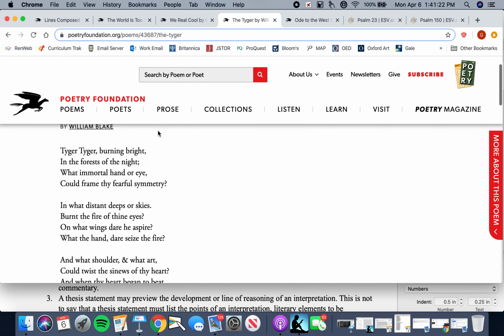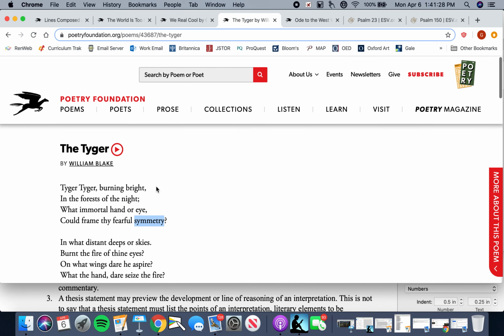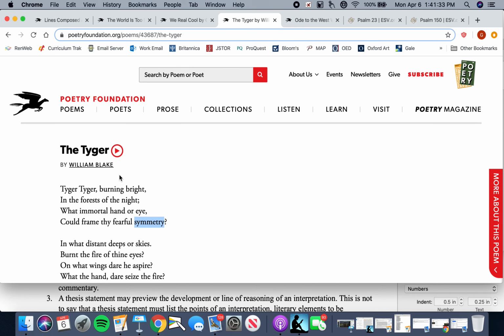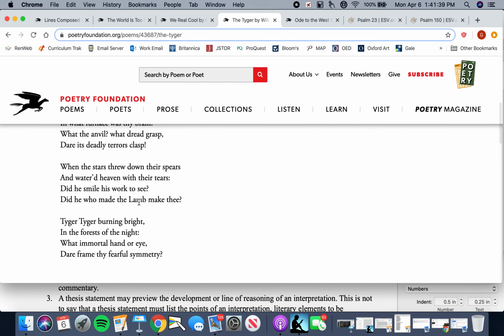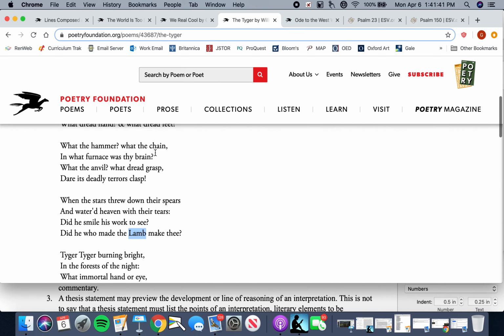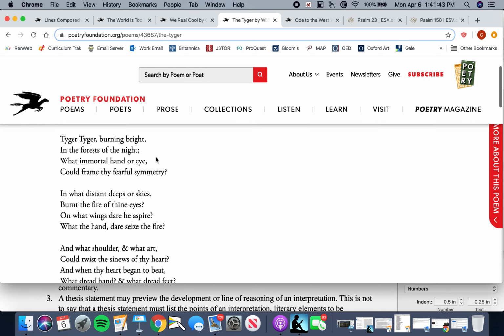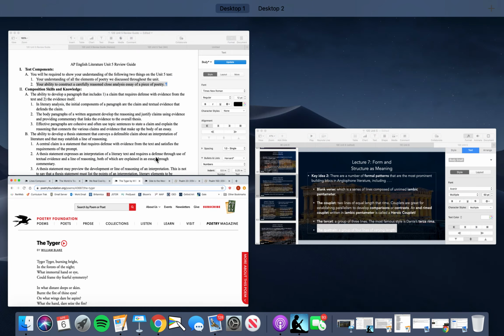So these balanced, juxtaposing rhymes throughout the course of the poem help emphasize or develop this sublimity or juxtaposing tensions in the God who is capable of making the tiger and also the lamb, that sublime God that William Blake is worshiping and meditating on in this poem.